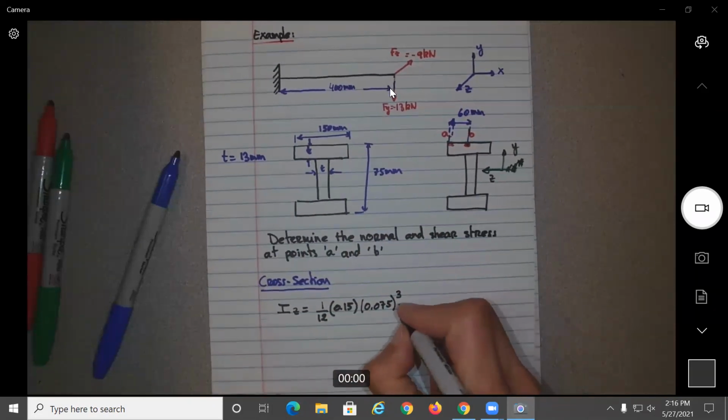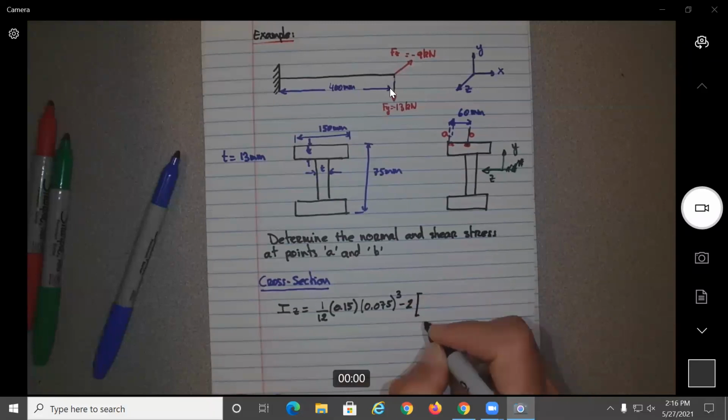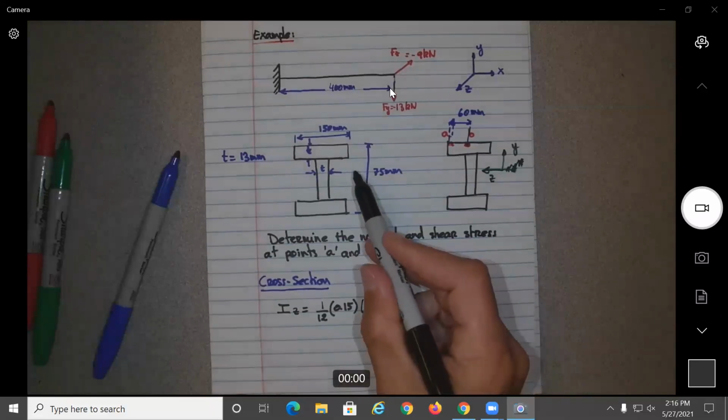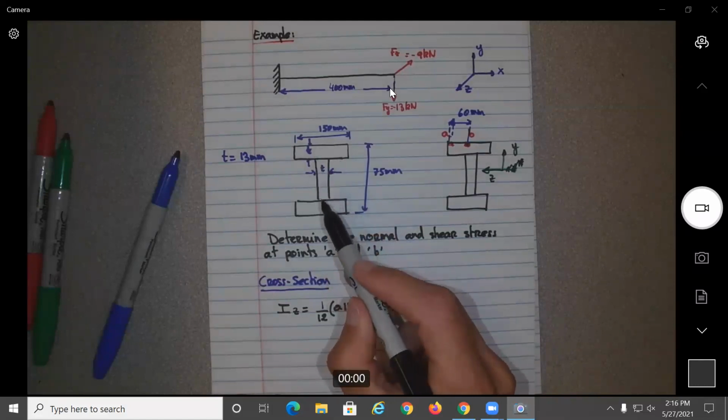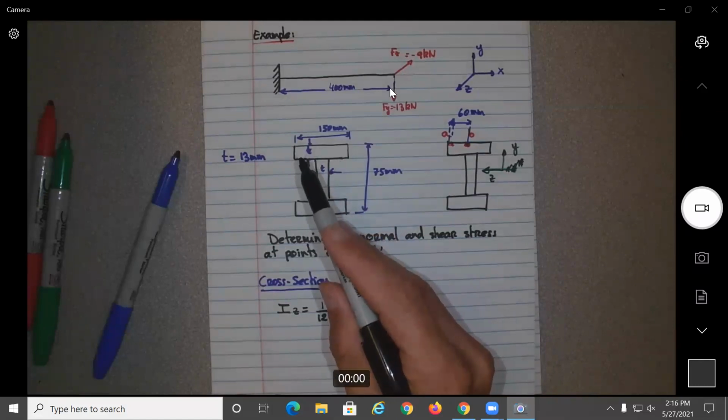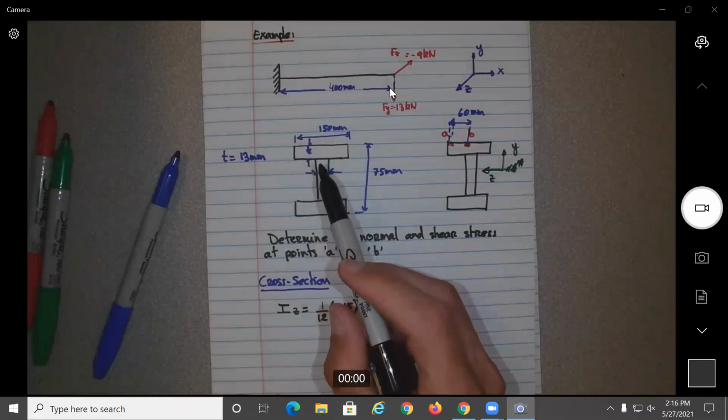And now I'm going to remove the moment of inertia of the two little pieces over here. This one and this one would be 1/12 of the base.